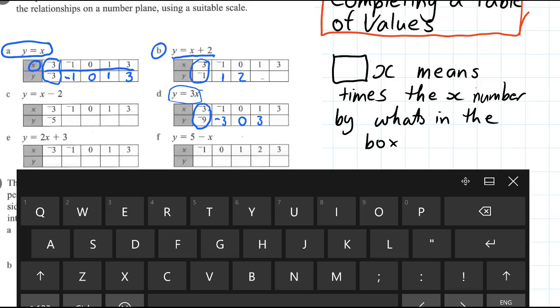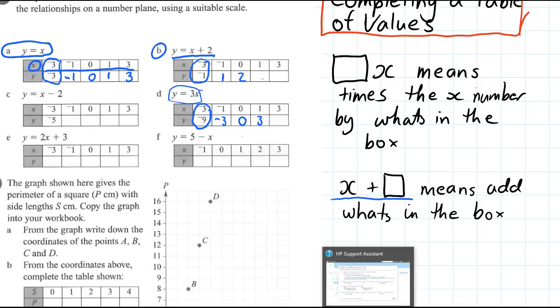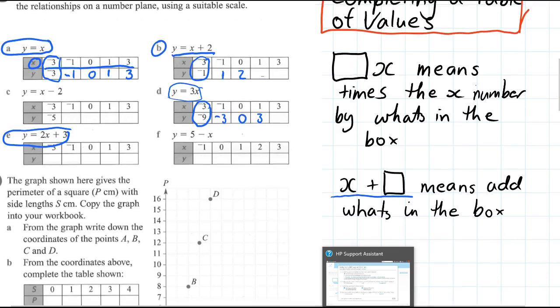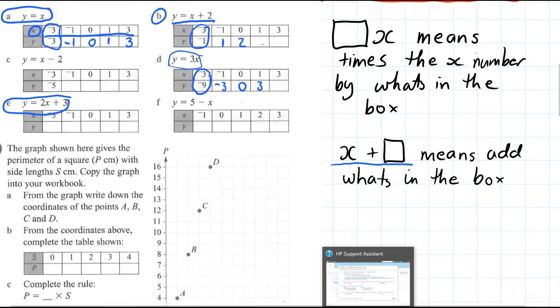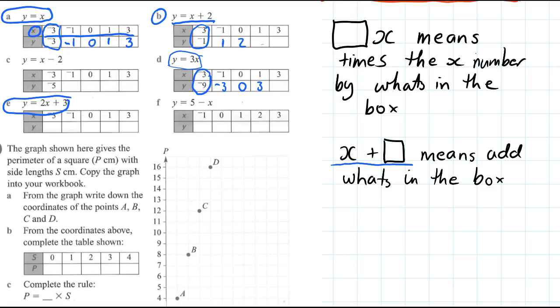Okay, so those are the two one-step types: timesing by something, and adding or taking away something. They might ask you to do two things, and this is what E is about. When you've got two things to do, I'd recommend a little bit of a bigger table to work it out.